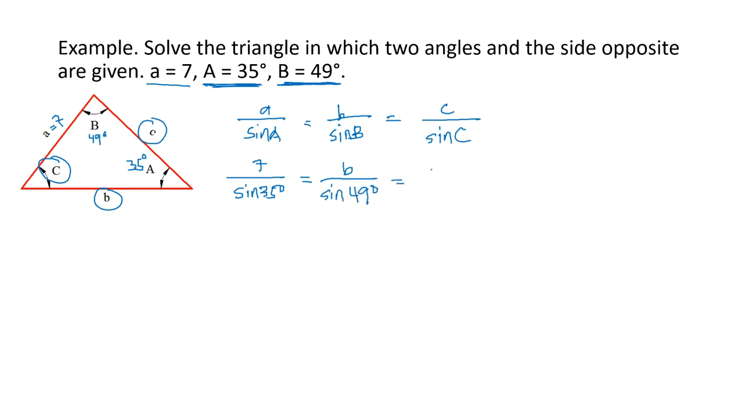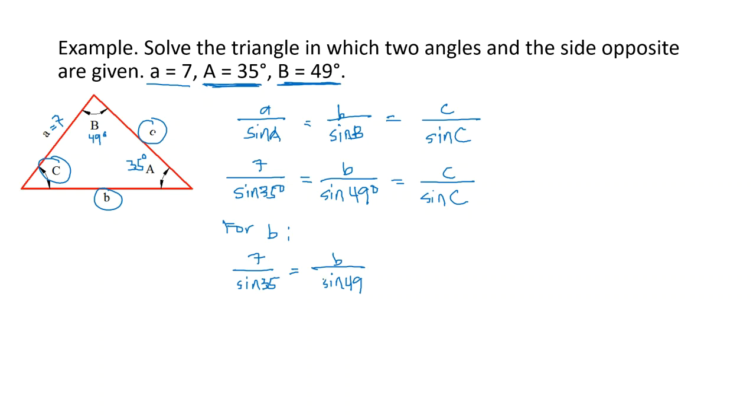For C, we don't have a value for side C, and we don't have a value for angle C. So let's solve first for B, since this is easier using the formula. For B, we have 7 over sine 35 is equivalent to B over sine 49.